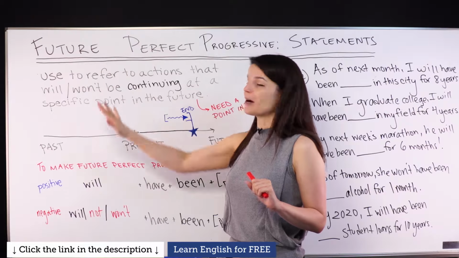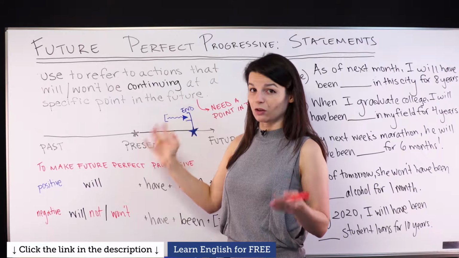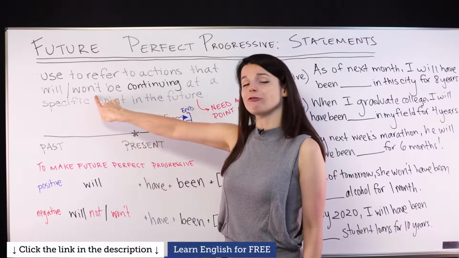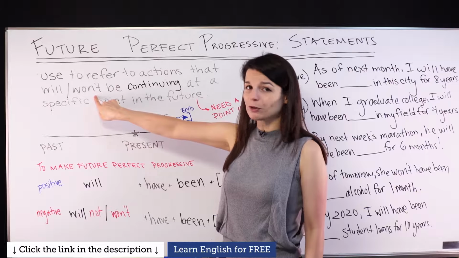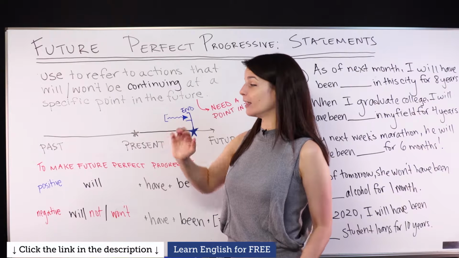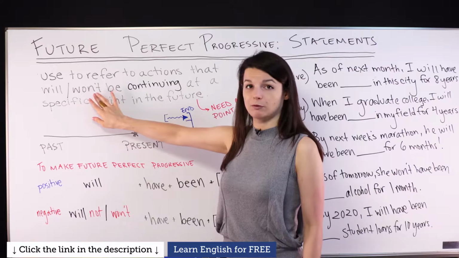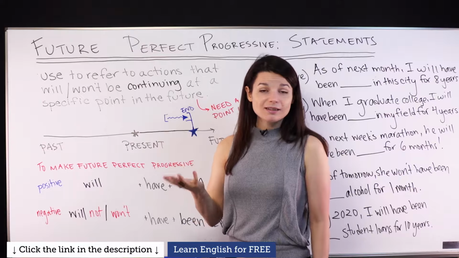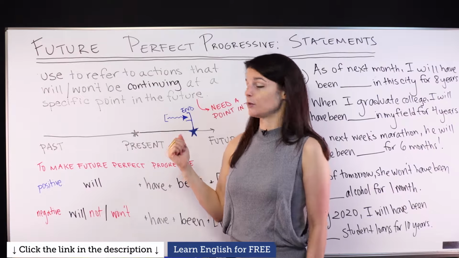In general, this grammar point is not used a lot. And within this grammar point, using the negative form here is quite rare, and in most cases, there's a better way to say it than to use the negative form of the future perfect progressive. But just in case you see it somewhere, this is how it's used.